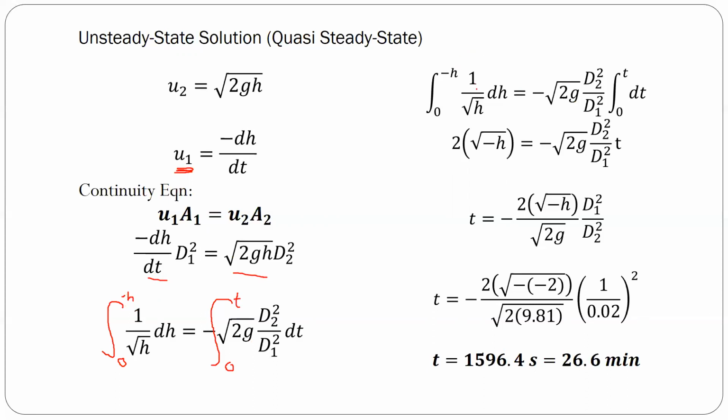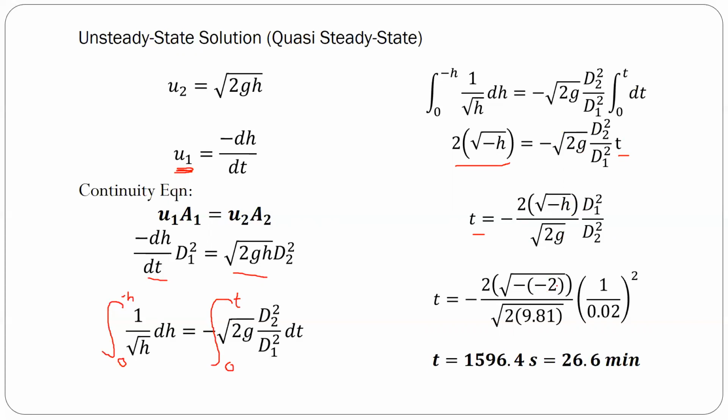And performing the integration, you will get the integral of this part is 2 times square root of negative h. And ito, integral of dt lang naman to, so it's time. So solving for time, you will use this expression there for rearranging, right? So plugging in the values, we know negative h is negative 2, right?